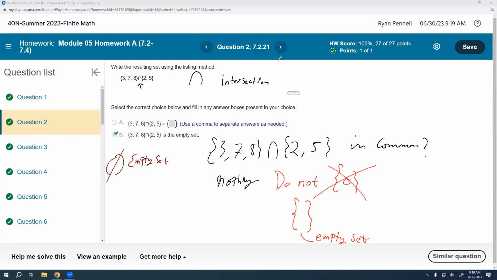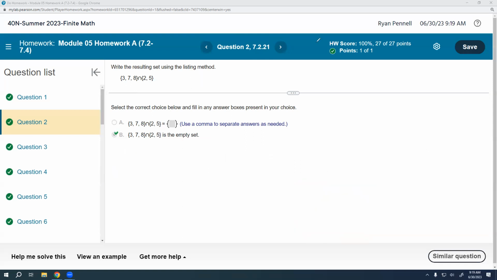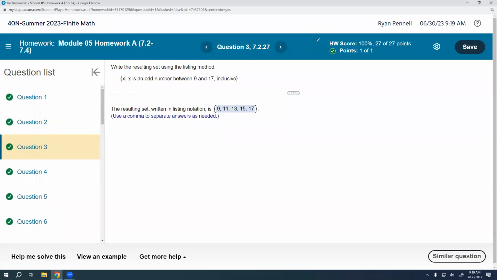So the numbers that these have in common, there's none of them. So it is the empty set. The intersection between these two sets is the empty set. It's kind of confusing when you get into the set theory business, but in practice, it's not too bad.